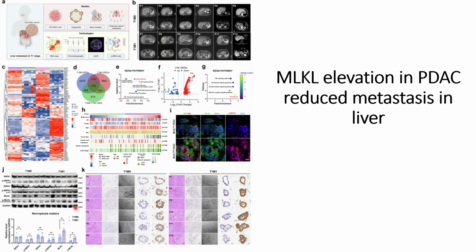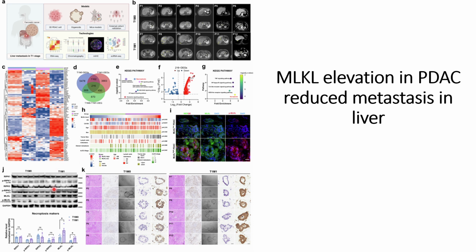And next they check the other proteins that are involved in triggering this MLKL, in panel J. They did the Western blot to check whether those proteins are also upregulated, and they found that in the case of T1M1, the upregulation of those proteins is high compared to T1M0, indicating that T1M1 has high MLKL.